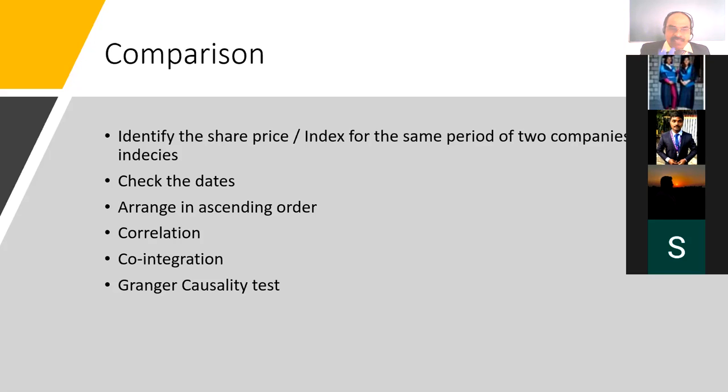Then check the dates, whether they are in ascending order. In some cases, correlation may be the analysis, but we can't say that everywhere. You are comparing two variables and the correlation says it is 0.8. That means both data are going in the same direction.